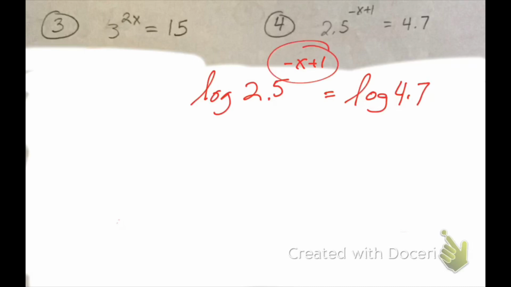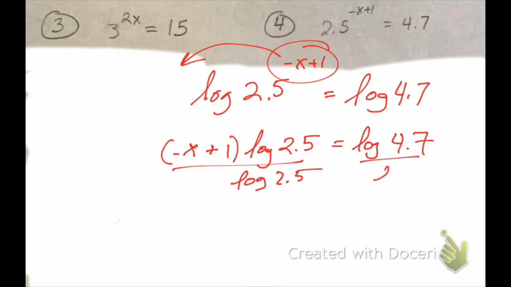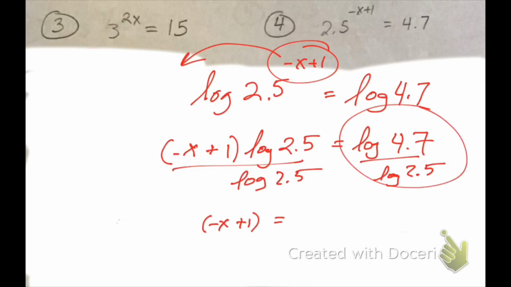I plug it down, using parentheses here just to stay organized, times log of 2.5 equals log of 4.7. I divide by log of 2.5, and that gives me negative x plus 1 is equal to, when I enter that into my calculator, 1.689.